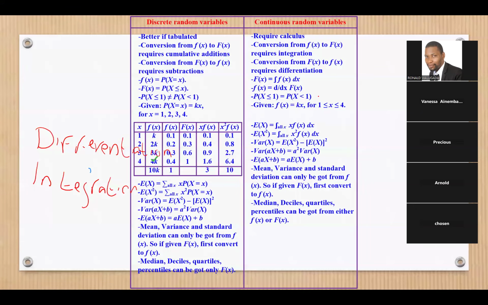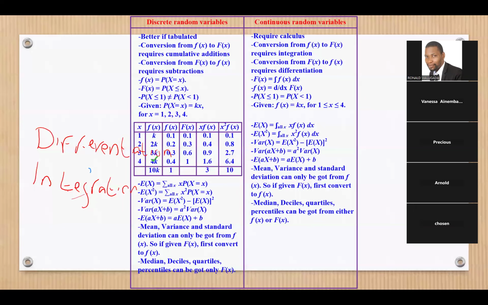So the integration and the differentiation you covered in Math 1 is much needed in this topic. Those who looked through the items I gave you must have realized that there are some items you could not attempt because there are some techniques of differentiation and integration which you have not yet learned.